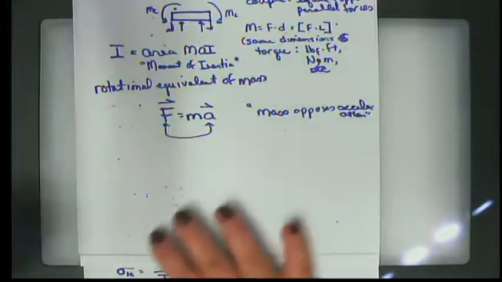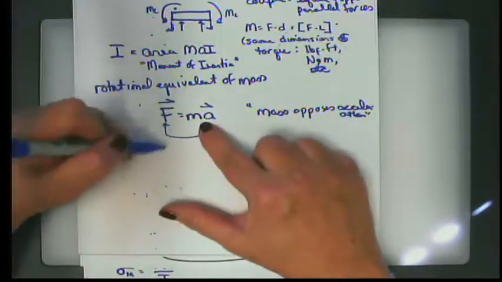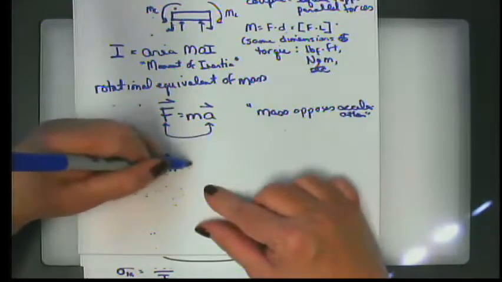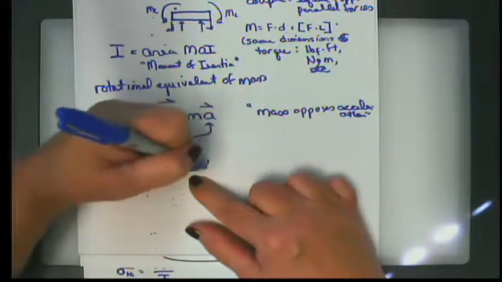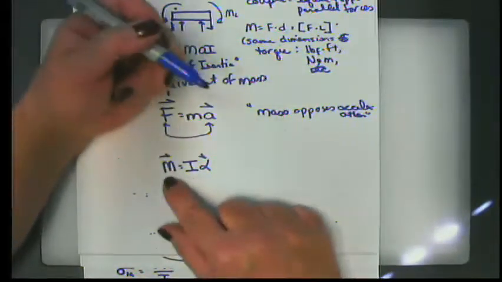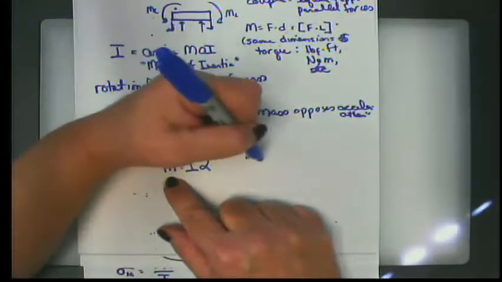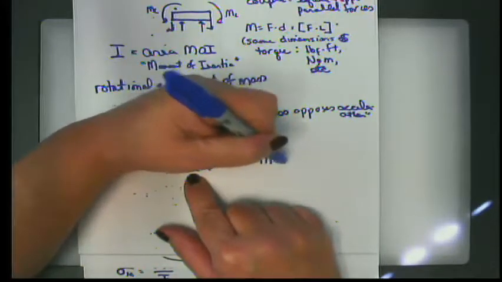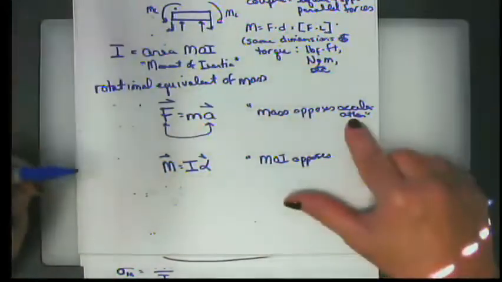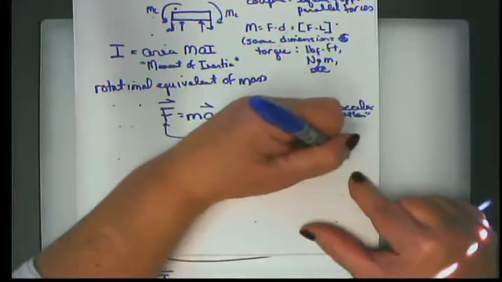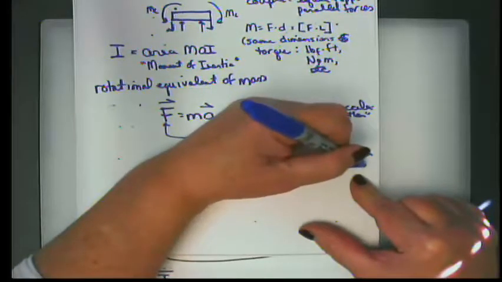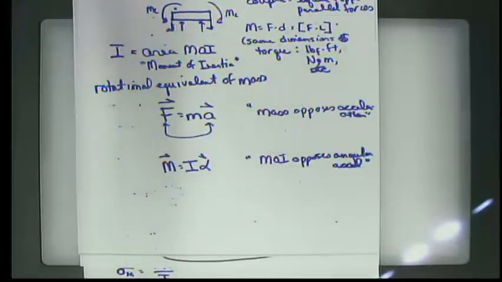All right, now the equivalent to this equation is that moment is equal to moment of inertia times alpha, which is angular acceleration. So what that means is that moment of inertia opposes not linear acceleration, but angular acceleration, which is related to the idea of rotation.